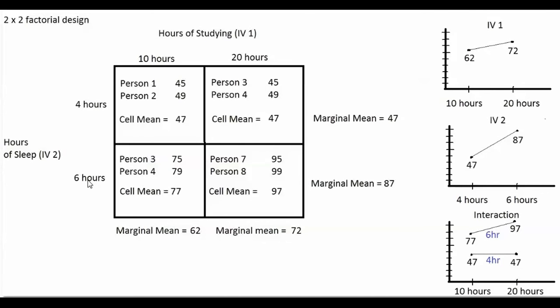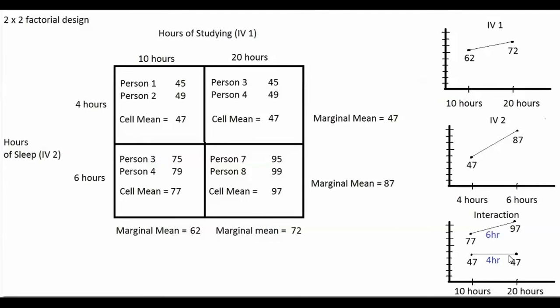In the 6-hour condition, hours of studying did have an effect because these two people who studied 20 hours got a mean exam score of 97, but these two people who only studied 10 hours got a mean exam score of only 77. This mean was 20 higher than this mean.